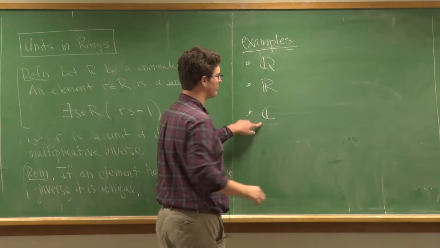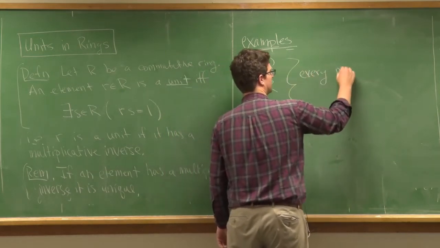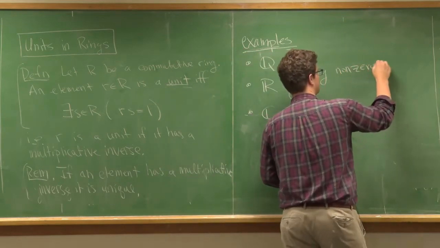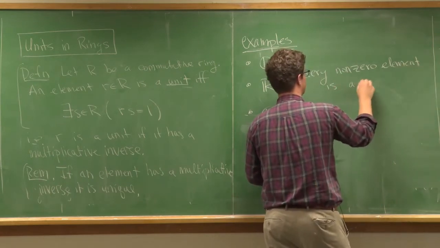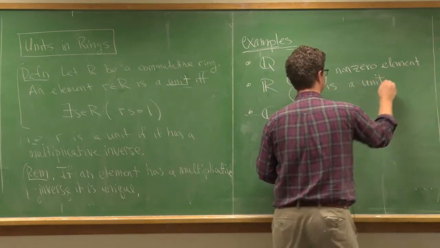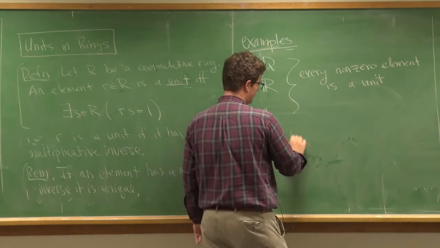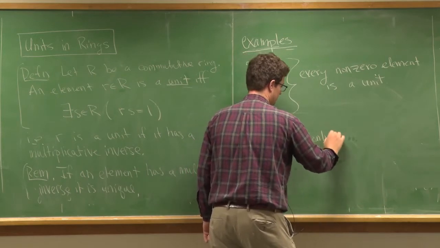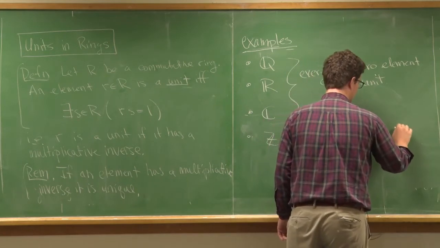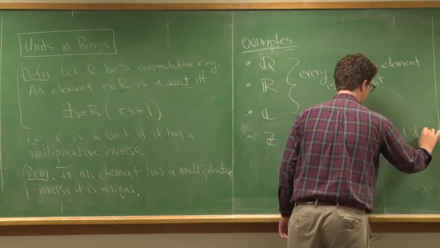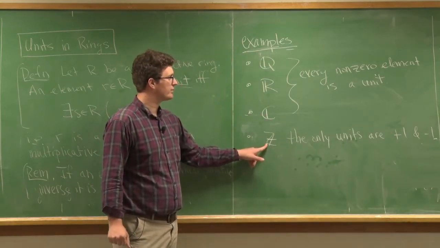In all three of these rings, every non-zero element is a unit. And in Z, the only units are plus 1 and minus 1. These are the things with multiplicative inverses.